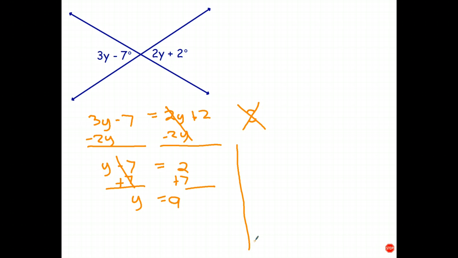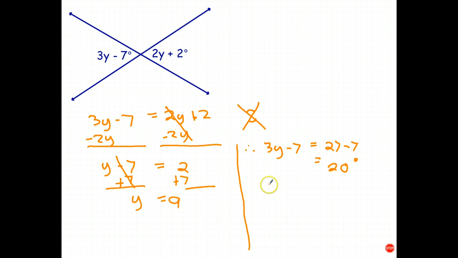Okay, let's find the size of the two angles. So therefore, 3y take 7 is 3 times 9, which is 27 take 7, which is 20 degrees.